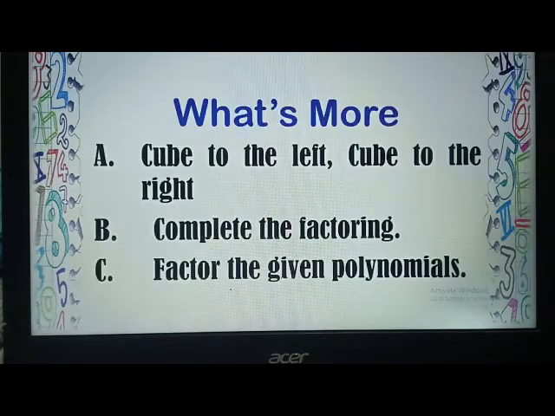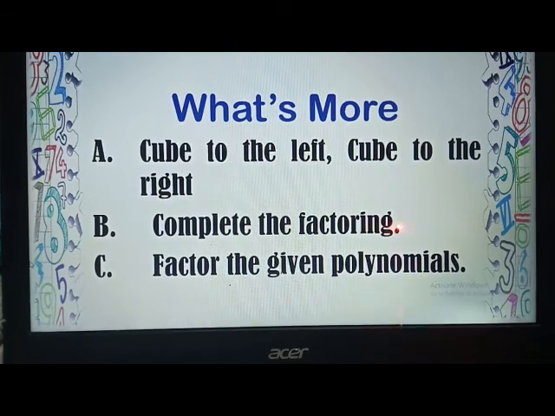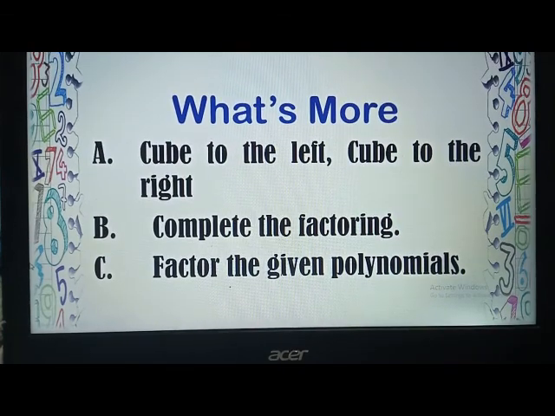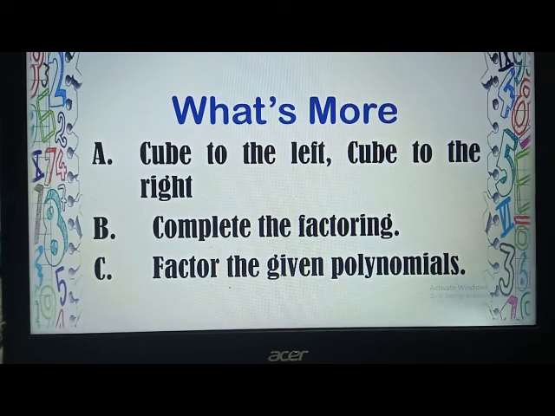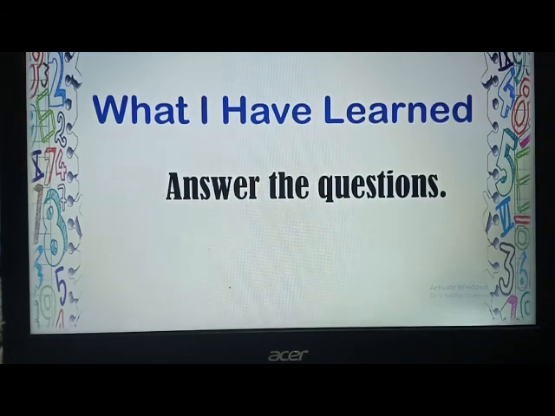That ends the discussion for factoring sum and difference of 2 cubes. Now for the what's more part, you need to answer the activity titled cube to the left, cube to the right. And then for part 2, complete the factoring. Part 3, factor the given polynomials.